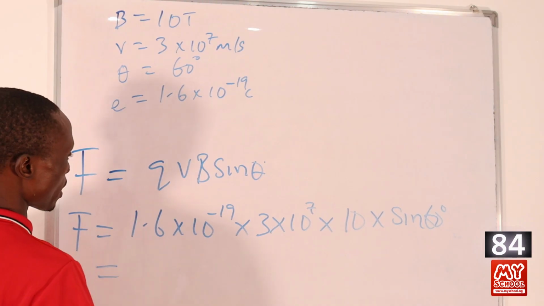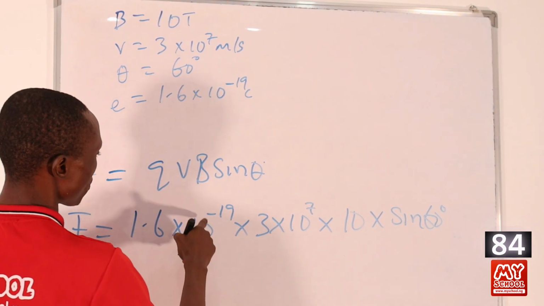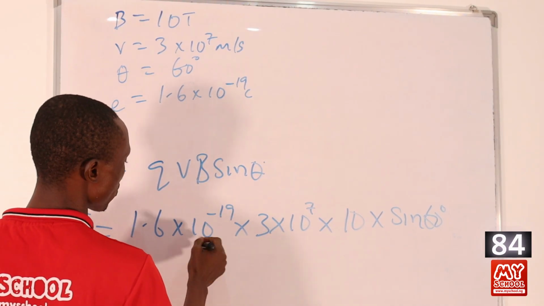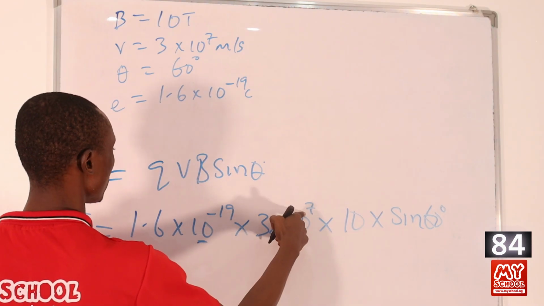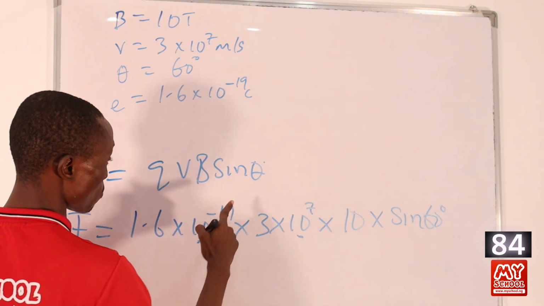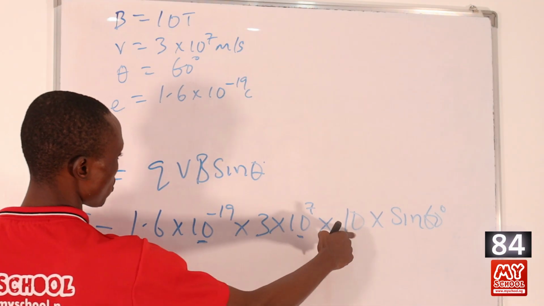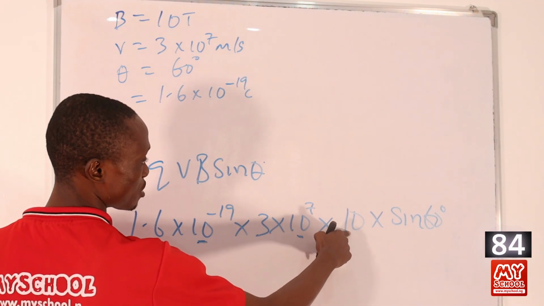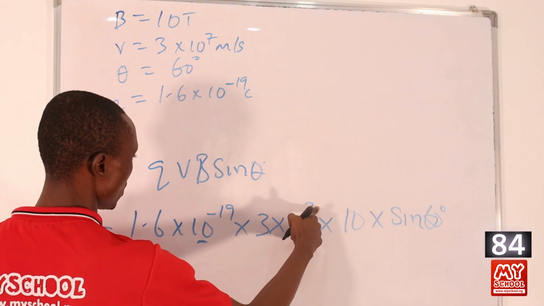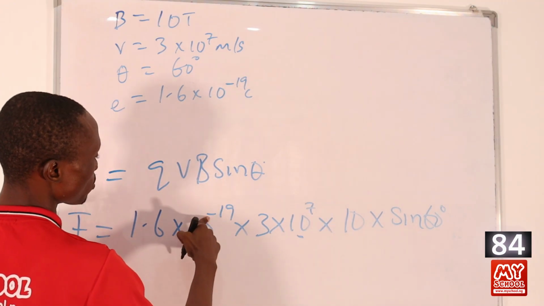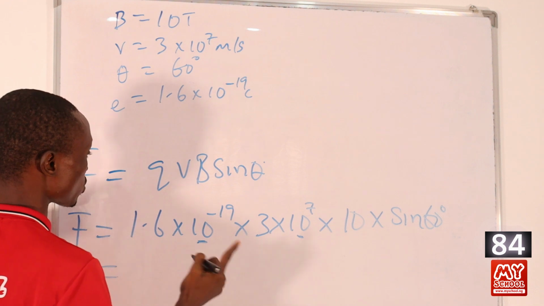Let's multiply this out gradually. Here we are going to apply the law of indices. Minus 19 and 7 are going to come together, so this will give us minus 12. But remember there is times 10 here. This is the same as 1 times 10 raised to power 1, so if we add it, this becomes minus 11.